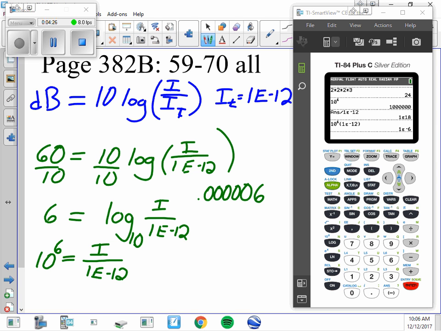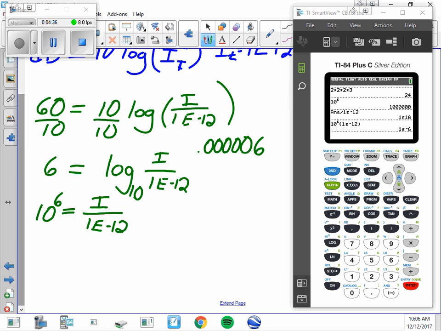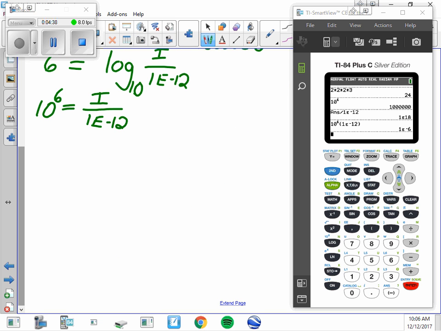So creating sound at 60 decibels takes very little power. Well, how much energy is it going to take to create 61? 61 equals 10 log of I over I sub t.